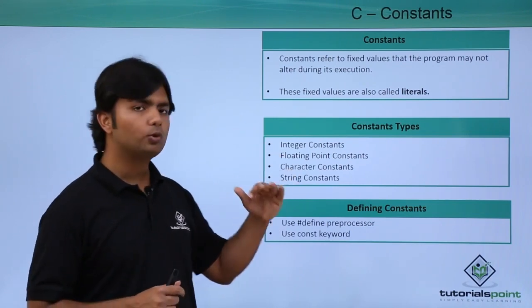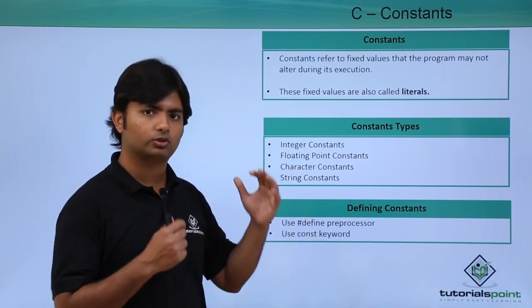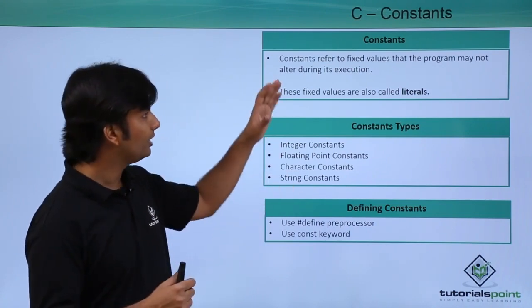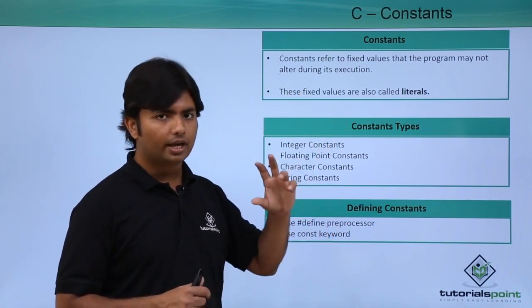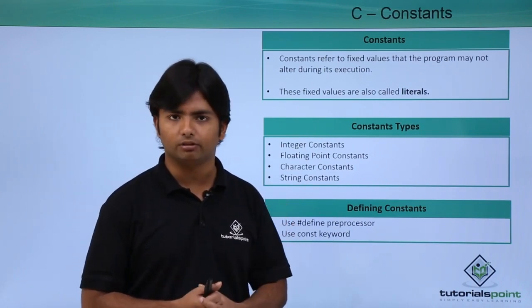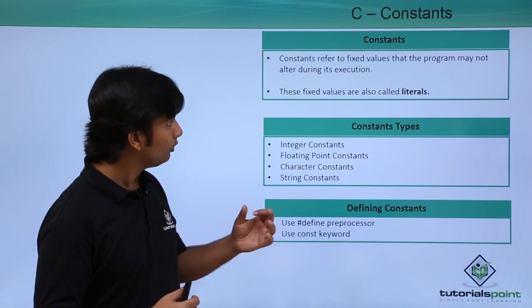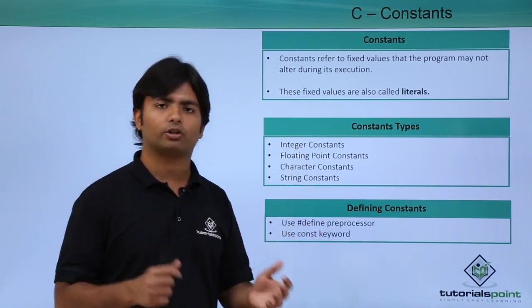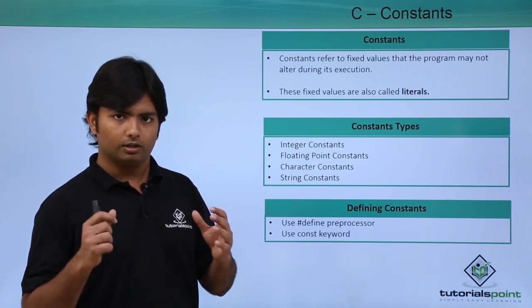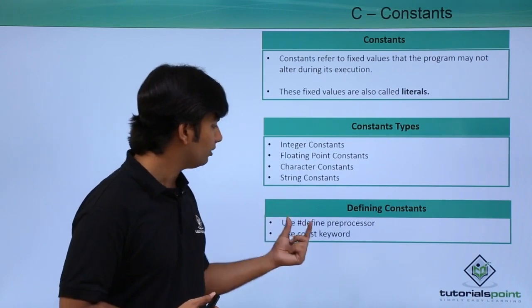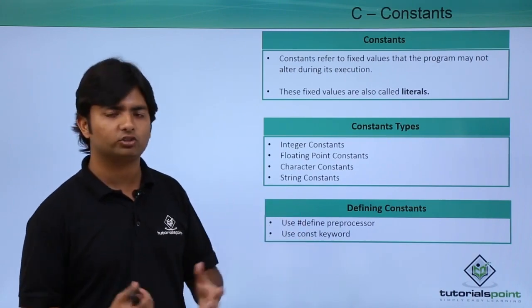So by the time you are defining a constant, you should initialize it on the spot, and later continue with the same value. For that you can use the const keyword, which allows you to define a constant. We can also use a preprocessor directive, #define, to define constants.